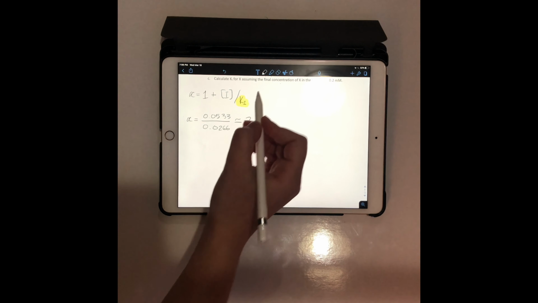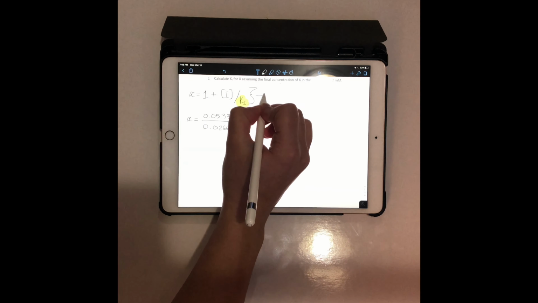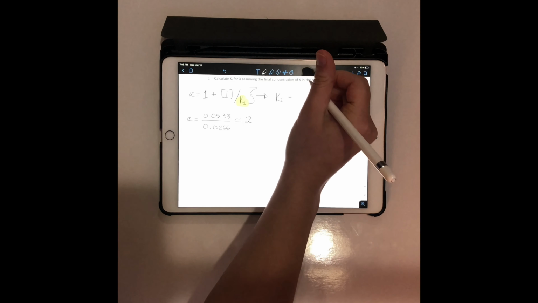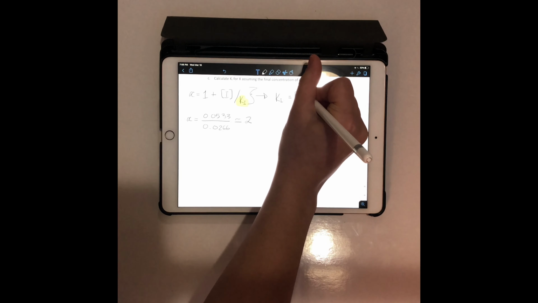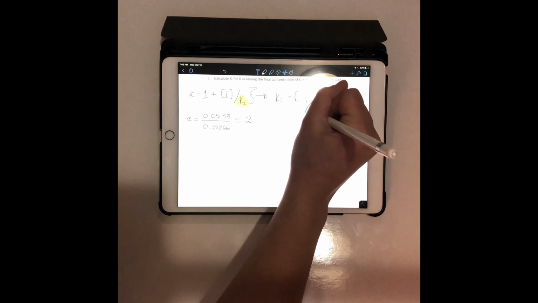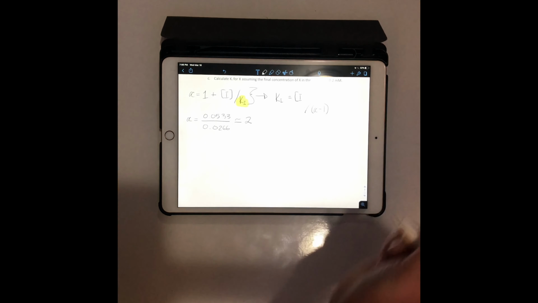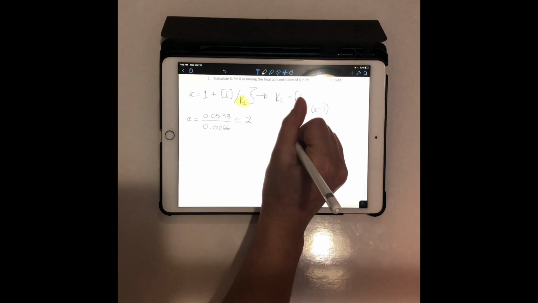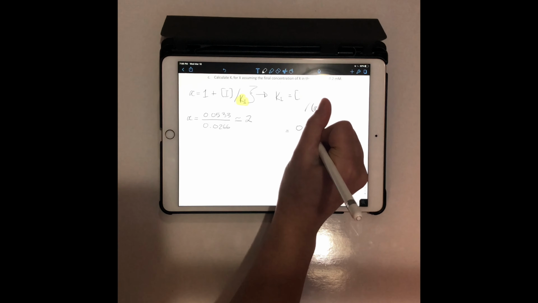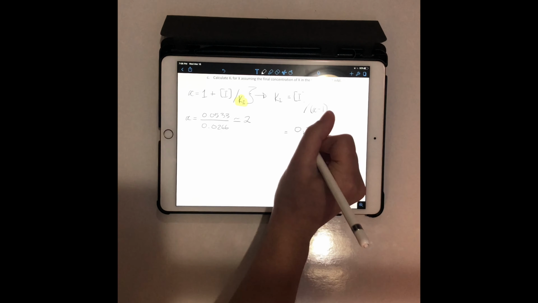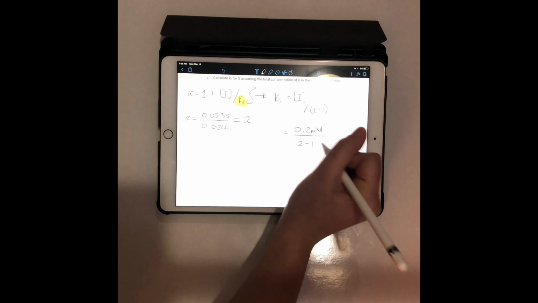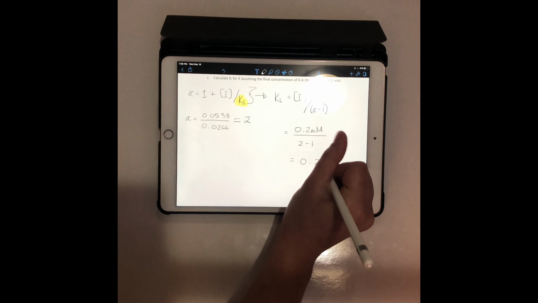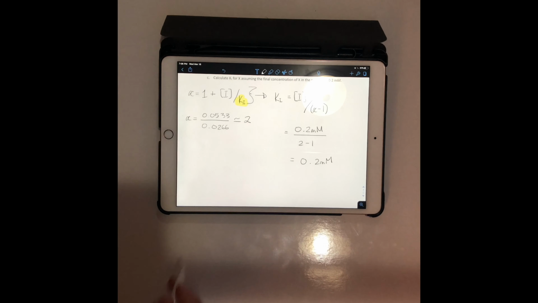So if we take this equation here and rearrange it, we will get Ki equals inhibitor concentration over alpha minus 1. All right, so when we input our values here, we will get 0.2 millimolar over 2 minus 1, where our final amount will be 0.2 millimolar as well, right?